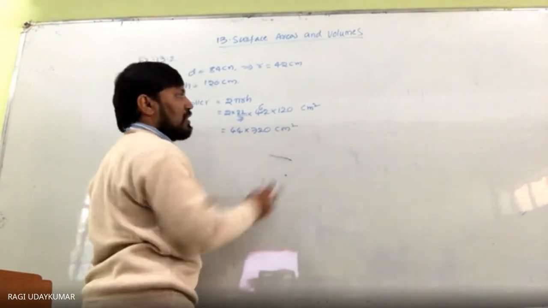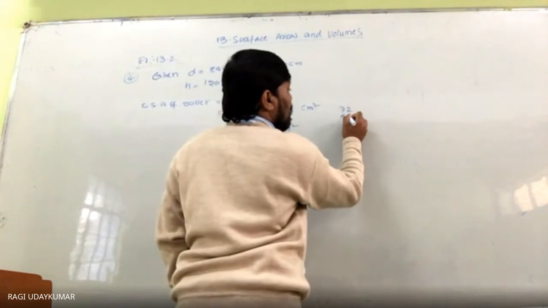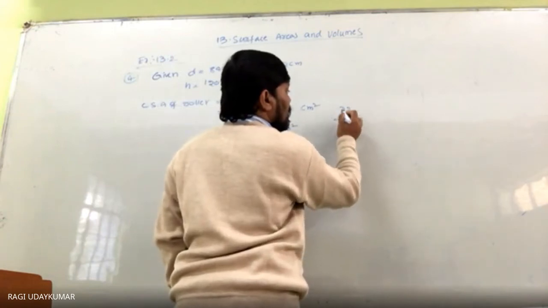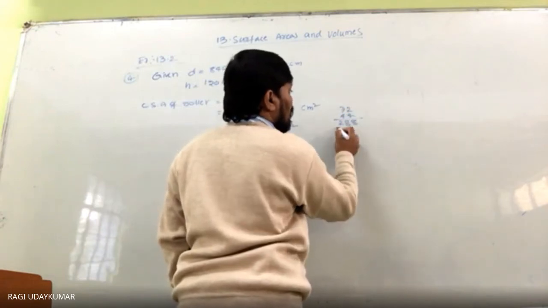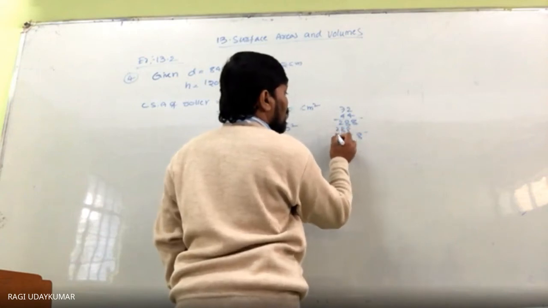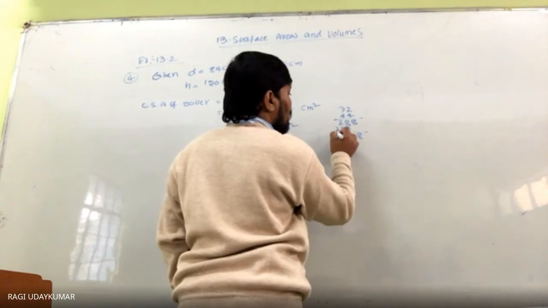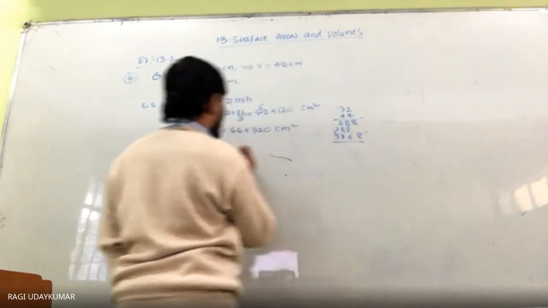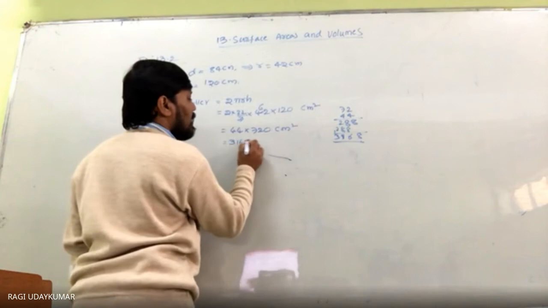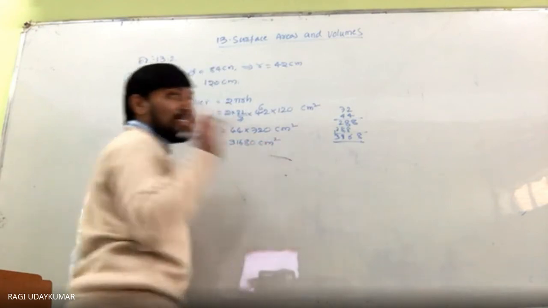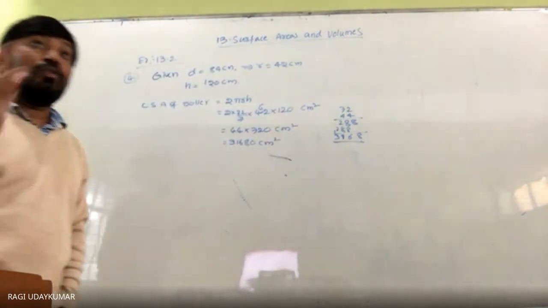So 72 into 44 units. Rough calculation gives 3168 centimeters square. It is given in centimeters and the question is asking in meters square.